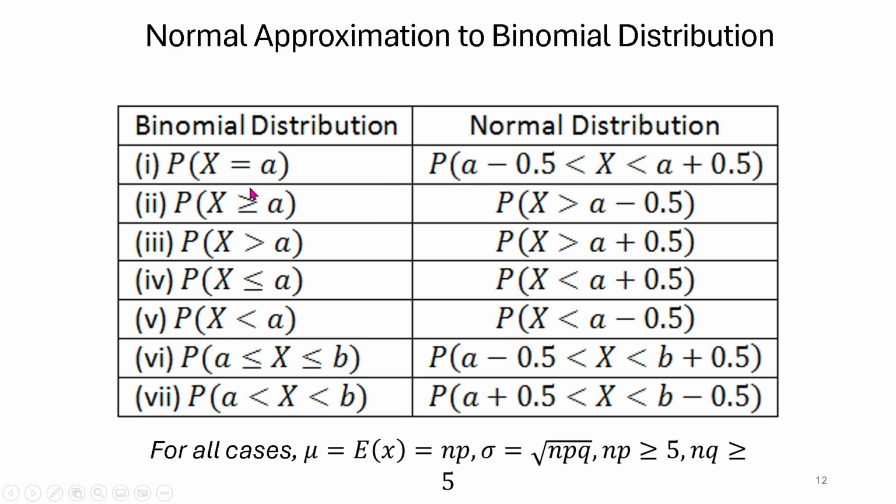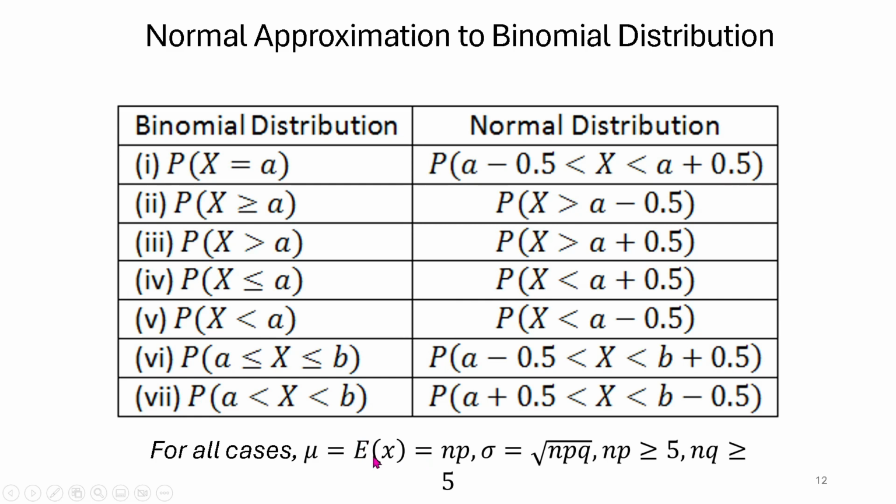For x equal to a, exactly a, it is a minus 0.5 to a plus 0.5. For greater than or equal to a, it is a minus 0.5 onward; for less than or equal to a, it is up to a plus 0.5. Then you can refer to the table for all the cases.